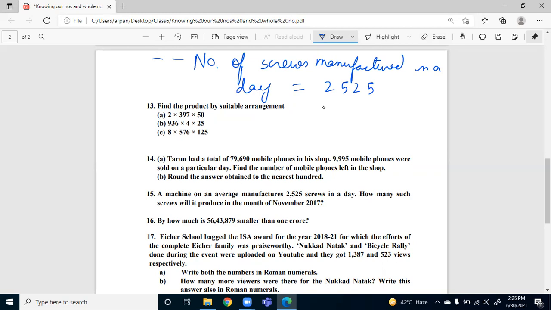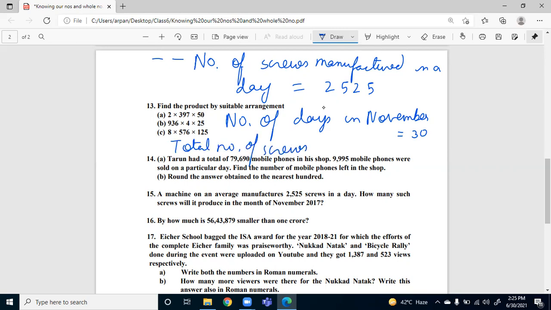Total number of screws produced in the month of November is equal to... Rather, you should add one more statement. We should add: number of days in November is equal to 30. Correct. Total number of screws produced in November is equal to 2525 into 30, which is equal to 75750.